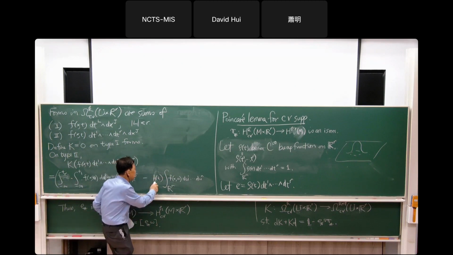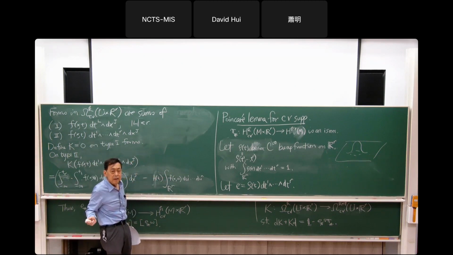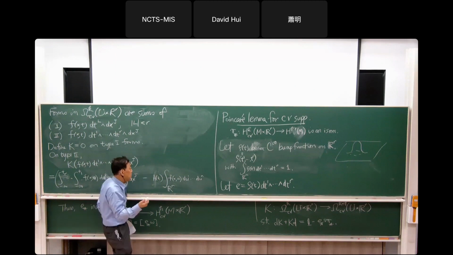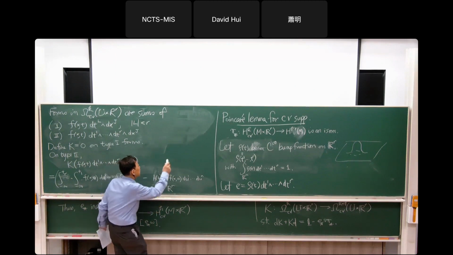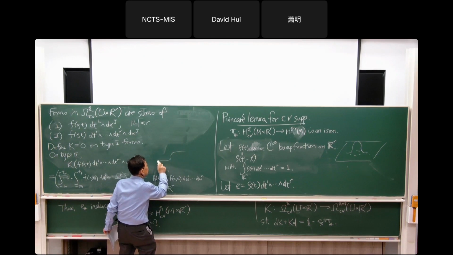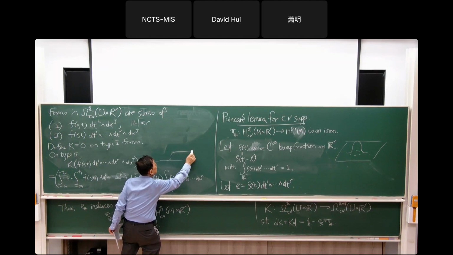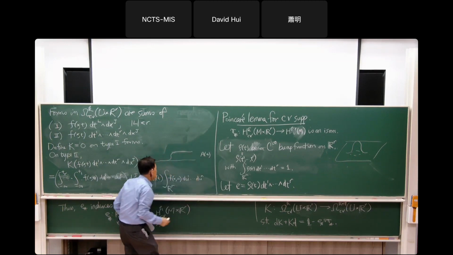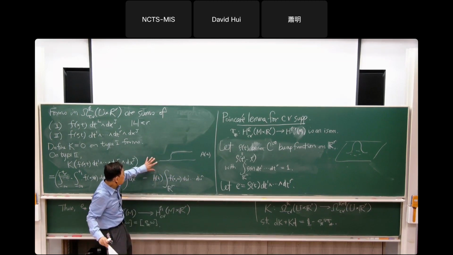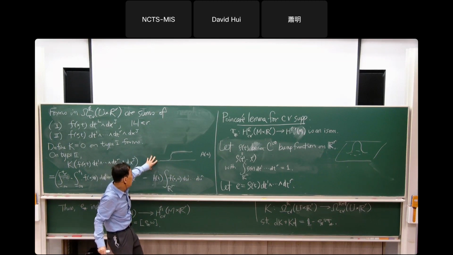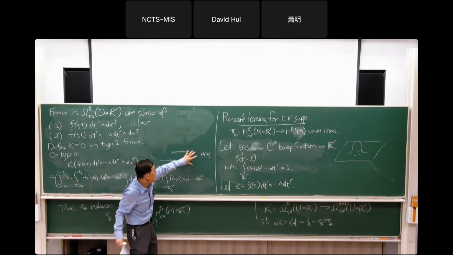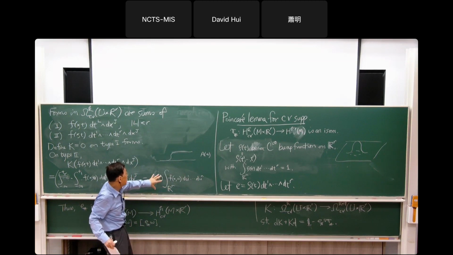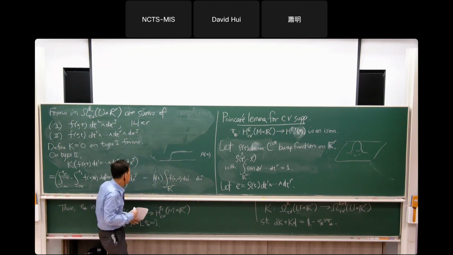So you actually need to multiply by this function that we had before, which looks like this in the one-dimensional case, so that it's 0 near minus infinity and then it's 1 near plus infinity, but we need the n-dimensional version.